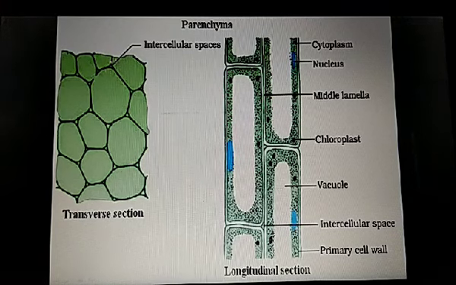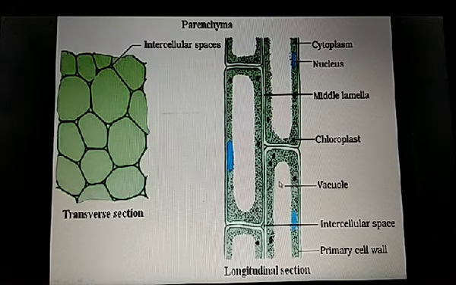So this first diagram shows the transverse section. As you can see, these are the parenchyma cells, and they have some intercellular spaces. The second is the longitudinal section, where you can see cytoplasm and nucleus. Nucleus, as you know, in plants is present at the periphery, and this vacant part or empty space is the vacuole.